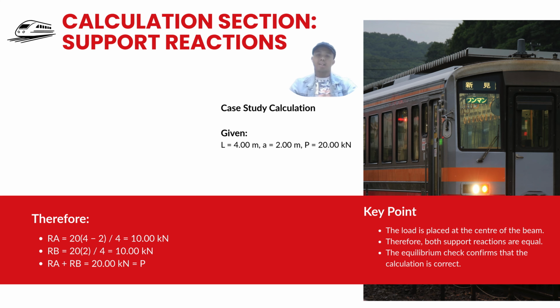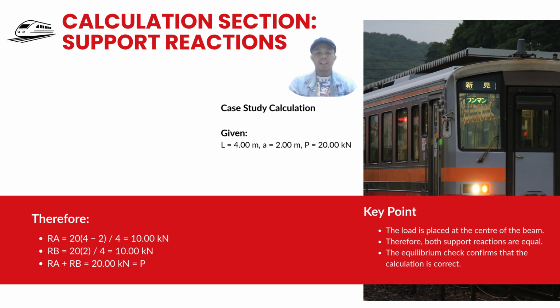Okay, this slide explains the calculation section for the support reaction. After the input data is entered, the Excel tool automatically calculates the reaction at support A and support B. The formula for reaction at A is P multiplied by L minus A divided by L. The formula for reaction at B is P multiplied by A divided by L. Based on the case study, the beam length is 4 meters, the load position is 2 meters, and the point load is 20 kilonewton.